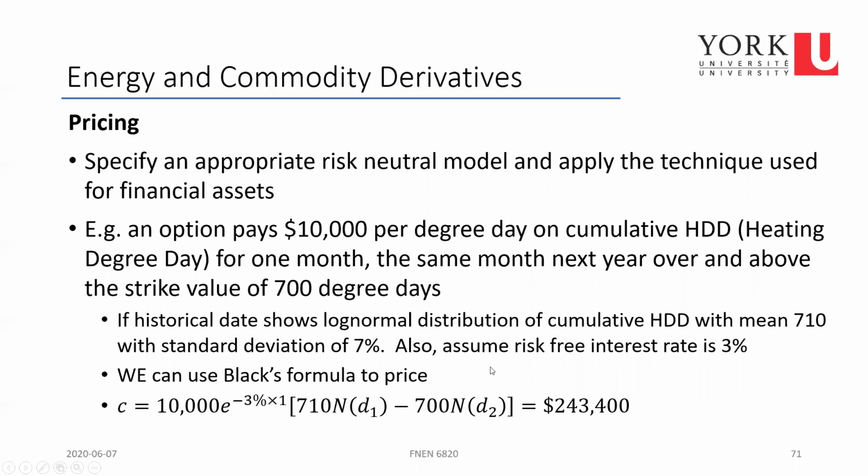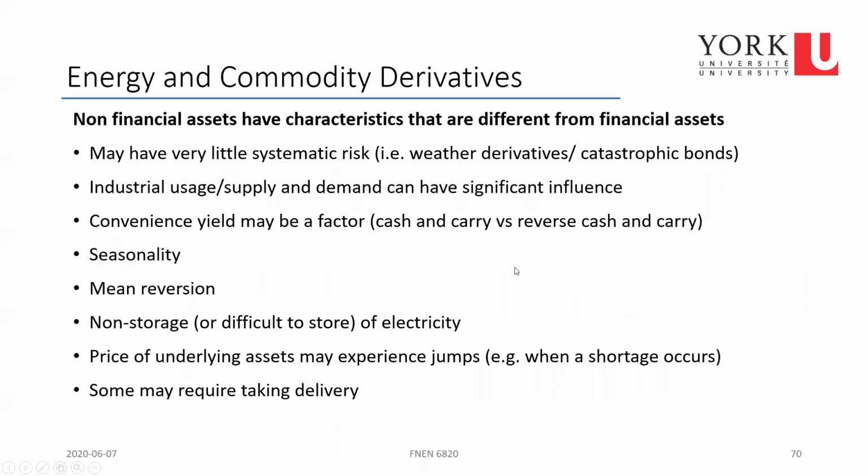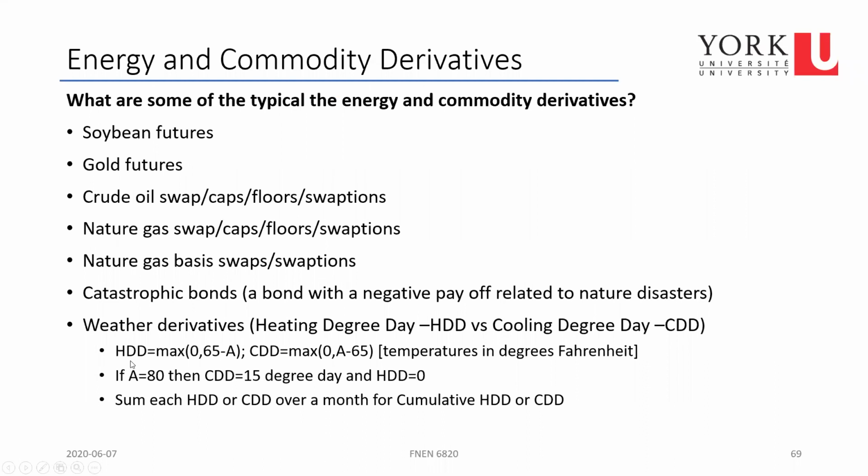Now let's take a quick look at an example. Say we have an option that pays $10,000 per degree day, which we encountered here. That defines heating degree day or cooling degree day.